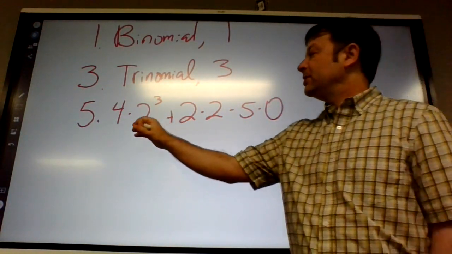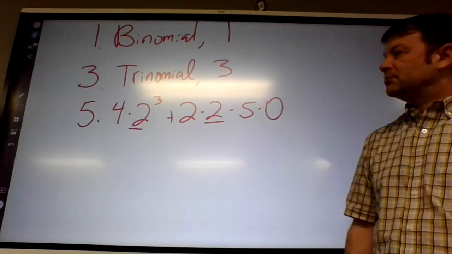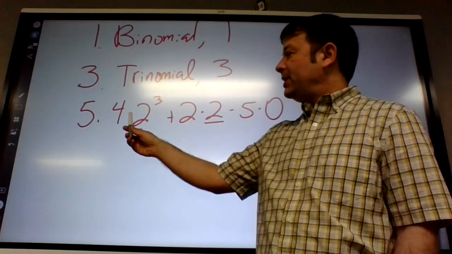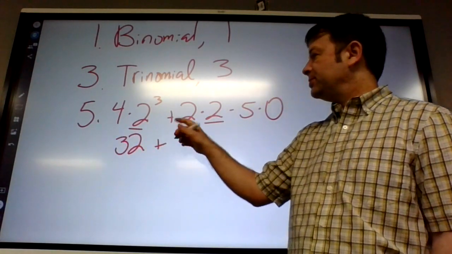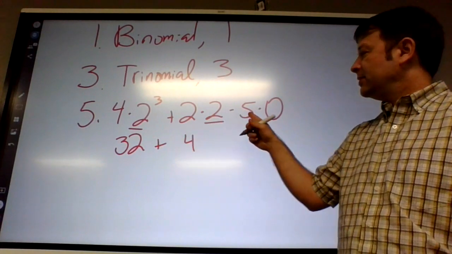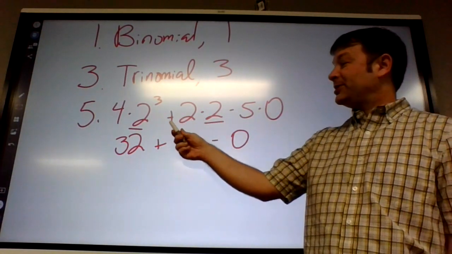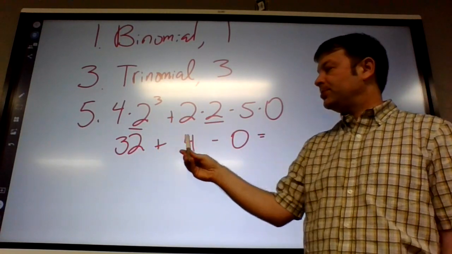Just put 2 in for x. 2 cubed is 8 times 4, 32, 2 times 2, 5 times 0. I saved the pluses and minuses for last, because that's order of operations. 32 plus 4.